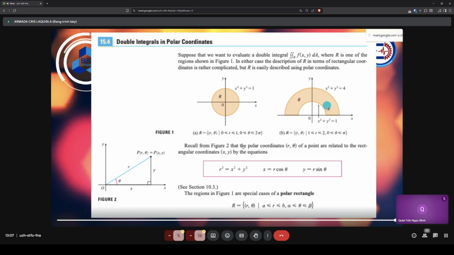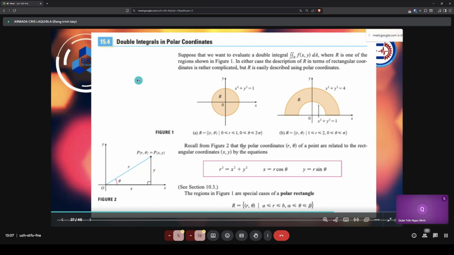Now your radius started from here going there, so it's from 1 to 2 for your radius. And for your theta, because this is only half of the circle, it's from 0 to pi. Pi is equivalent to 180 degrees. So that's from 0 to pi.